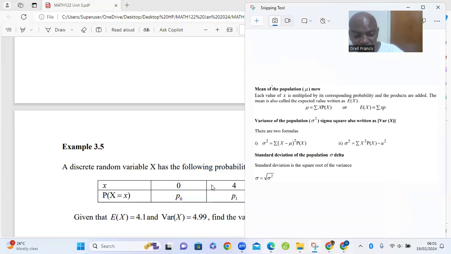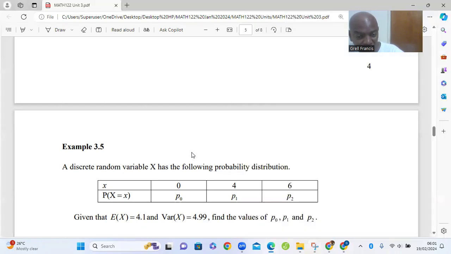So we can form two equations. And you will notice that 0 times p of 0 will cancel out. So we are left with 2 equations and 2 unknowns, and we can use simultaneous equations to solve for p sub 1 and p sub 2. Because the third equation will be that the sum must add up to 1. So we have 3 equations and 3 unknowns, so that's solvable.